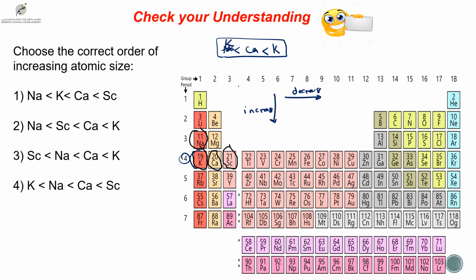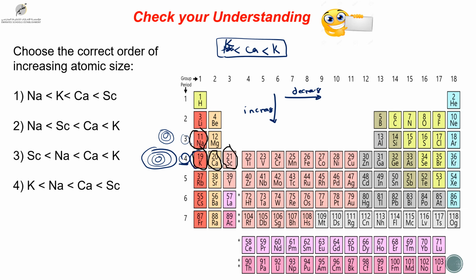Okay. Now what about Na? الحين, if you think about Na, it has how many energy levels? 3. So 1, 2, 3. What about here? How many energy levels are there, guys? All of these have 4 energy levels. كل العناصر هنا عندها 4 energy levels. So all of them are bigger than Na because they are below. Because they have 4 energy levels, right? Because they are in period 4.